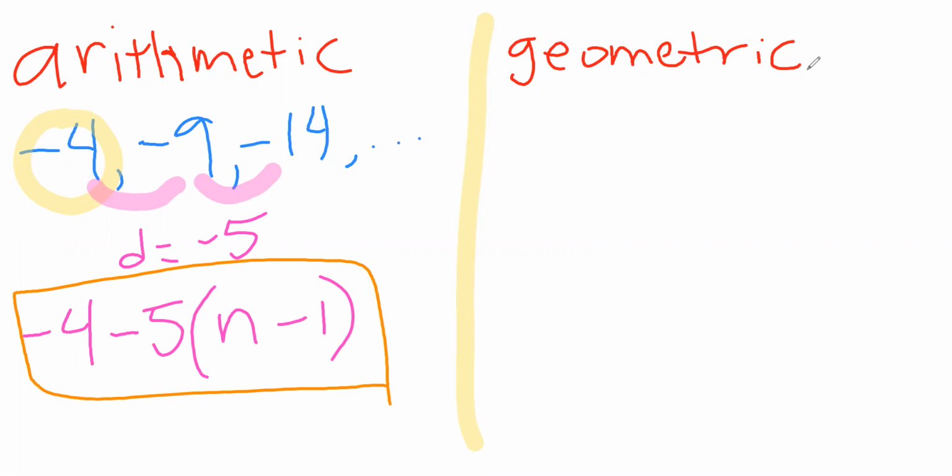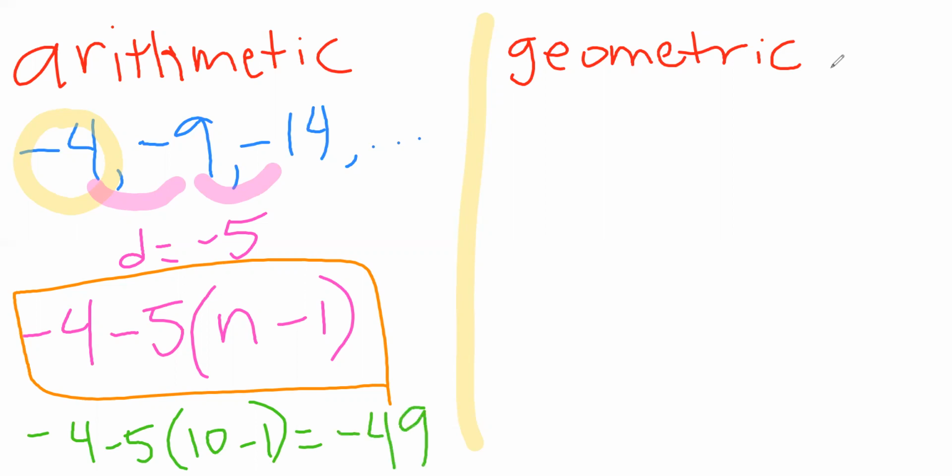If you want to find, for example, the 10th term, all you would do is substitute in 10 for n. So do your parentheses first. 10 minus 1 is 9. 9 times 5 is 45. So we would get -49. That's the 10th term, -49.